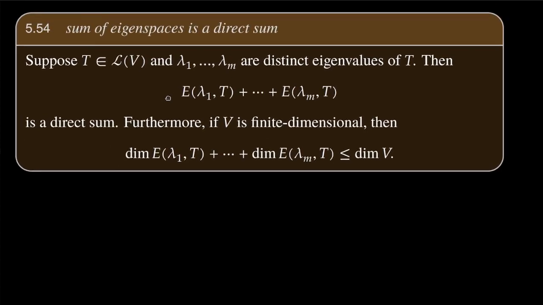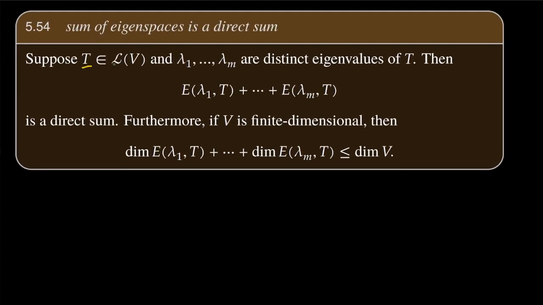So here's the idea. Let's suppose that T is an operator on a vector space V, and lambda 1 through lambda m are distinct, very important, eigenvalues of T. Then the sum of the eigenspaces of T corresponding to these distinct eigenvalues, lambda 1 through lambda m, so this is a sum of subspaces, this big sum here is a direct sum.